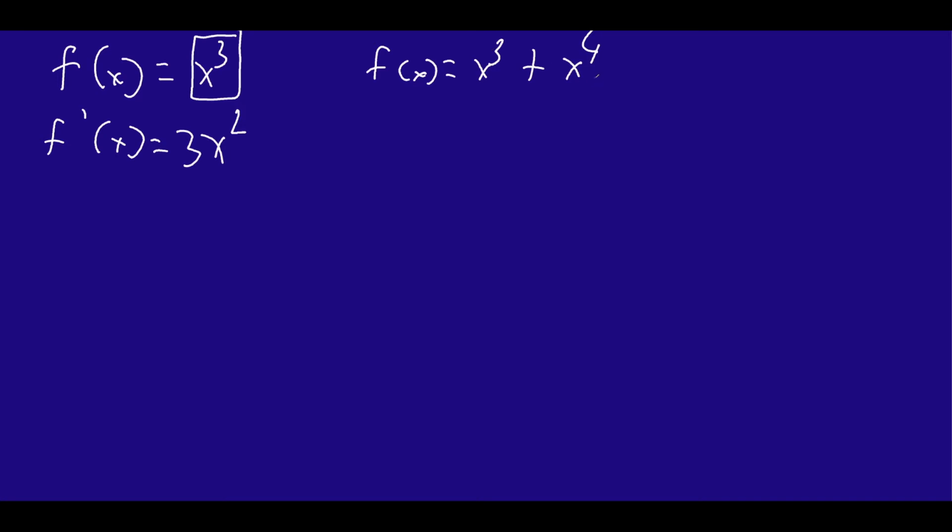Or, of course, if this is a minus sign, it'll be the difference of the second function. So to figure out this one, we now know that it's just going to be 3x squared plus 4x to the third. And if this was a minus sign up here, down here this would be a minus sign. That's kind of what's happening.